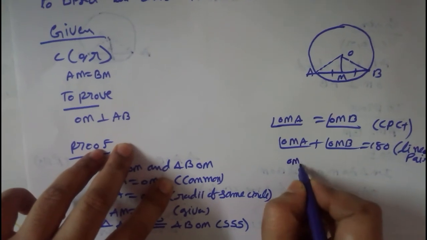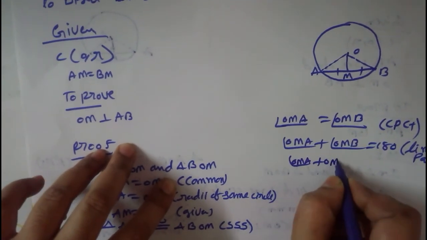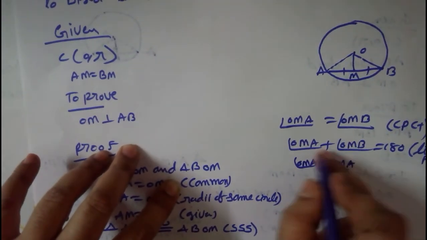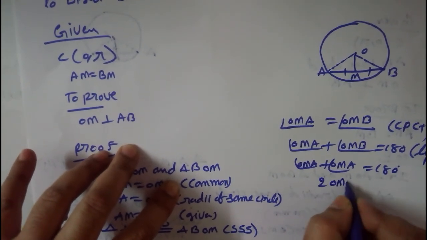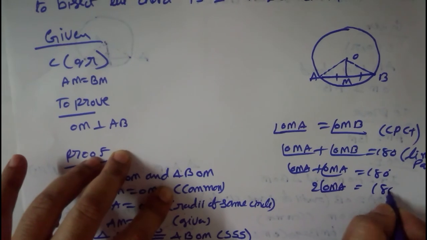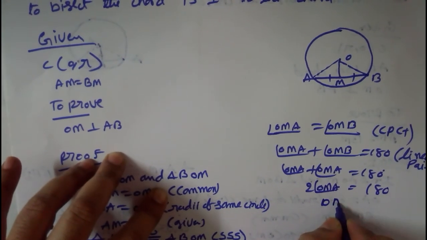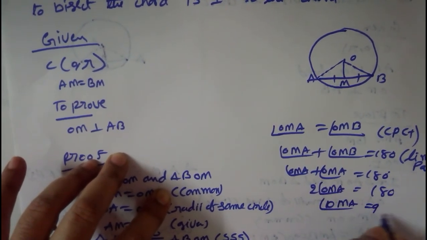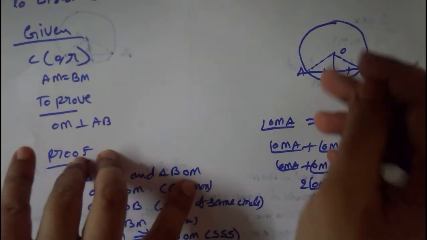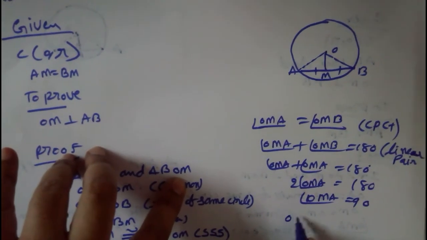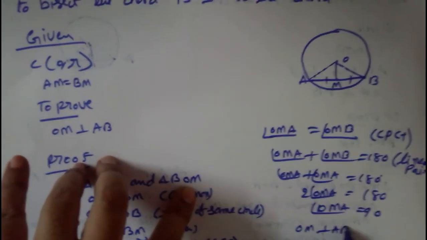So OMA plus OMA, because OMA and OMB are equal, is 180. Then 2 times OMA is equal to 180. Then OMA is equal to 90 degrees. OMA is 90, then OMB is also 90. That means you can say that OM is perpendicular to AB.